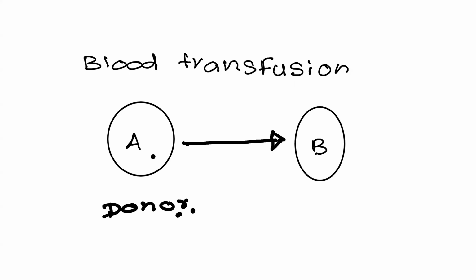The person who receives the blood, we call the recipient. Donor, recipient, and blood or blood components transferred from one person to another: this is generally what we call blood transfusion.